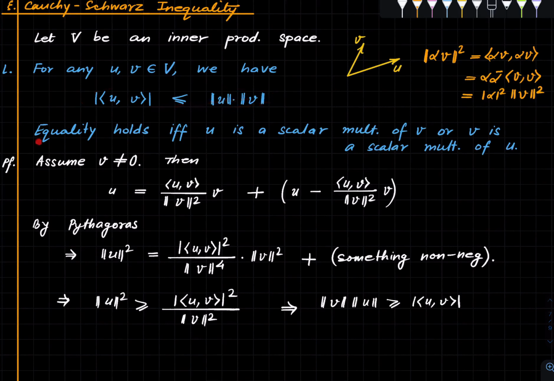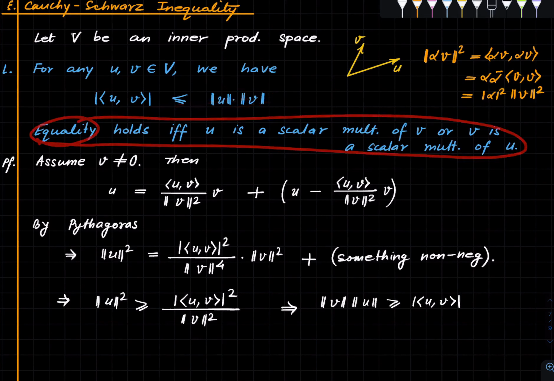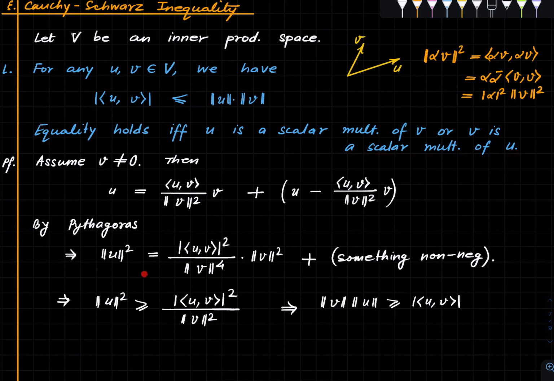For the second implication, equality holds if and only if equality is maintained when we come from here to there, and that is maintained if and only if this is 0, not just non-negative but exactly 0, which happens only when this is 0, which means u is a scalar multiple of v.